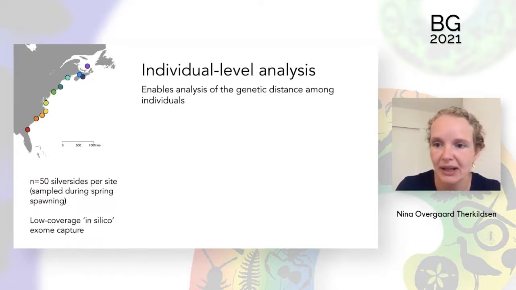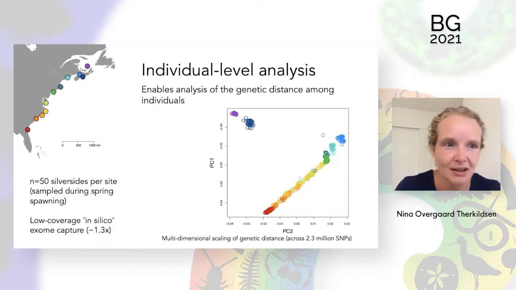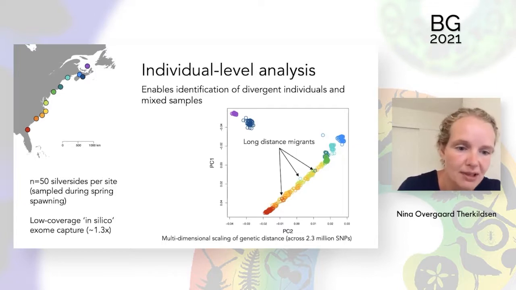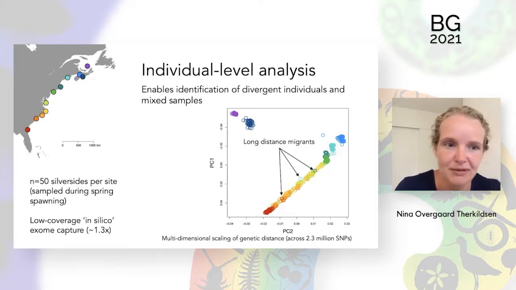So for example, here with low coverage sequence data from individuals from 11 populations, we are able to get very clear signals in a PCA. And what we can notice is that some individuals fall in this PCA space very far from the other individuals from their populations, suggesting to us that these may be long distance migrants. Some inference that we'd never be able to make if we had pooled the DNA into a single library.